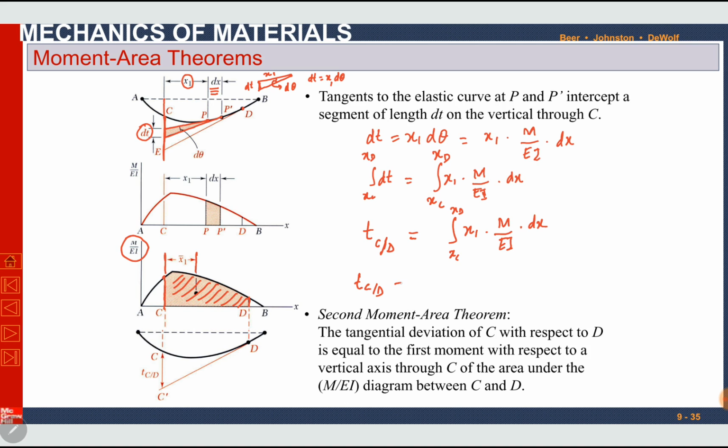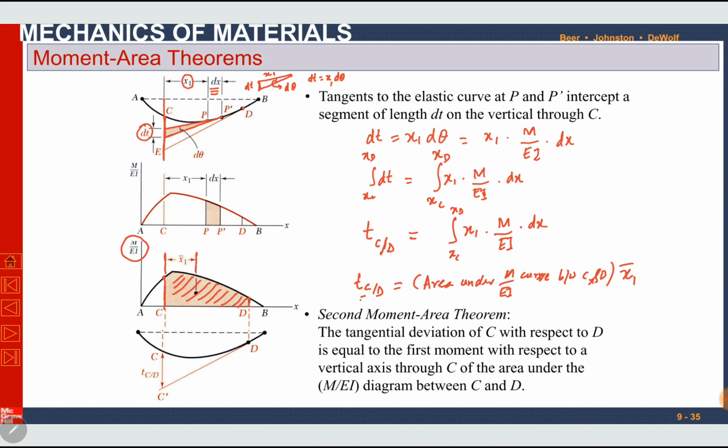It is the area under the M over EI diagram between C and D, multiplied by x1. x1 is the distance from C. Just remember it.